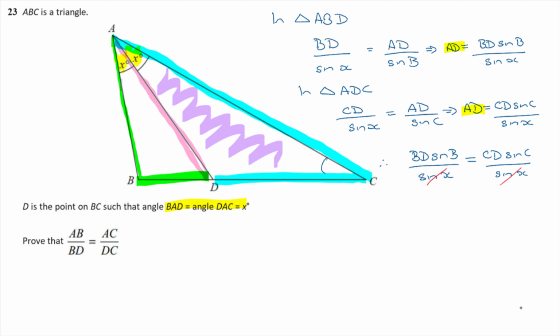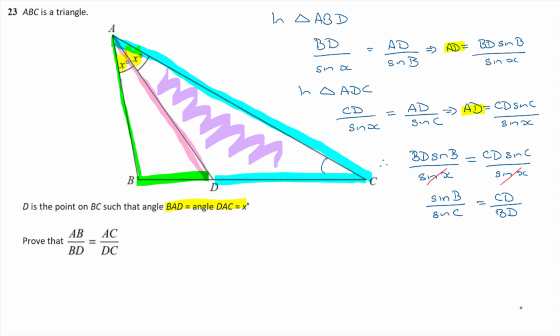So I'm left with BD sine B is equal to CD sine C. Now I'm going to rearrange it so I've got the sines on one side and the sides on the other. So sine B over sine C is equal to CD over BD.